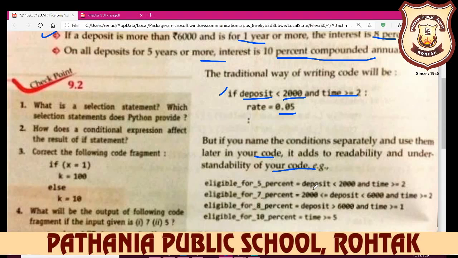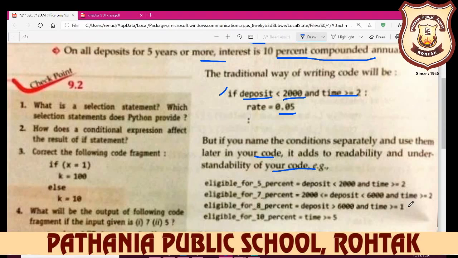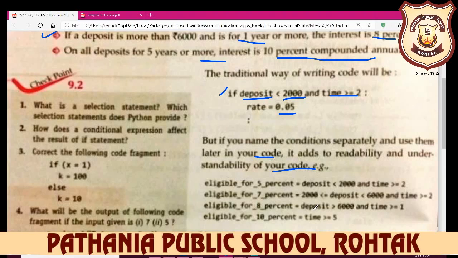If the deposit value is 2000 or more but less than 6000, and time is greater than or equal to 2. And who is eligible for the 10% rate? Who deposits greater than 6000? For the 7%, you change it and write here 2000 less than or equal to deposit, and then write deposit less than 6000, and time is greater than or equal to 2 years. So we get the 7% rate.